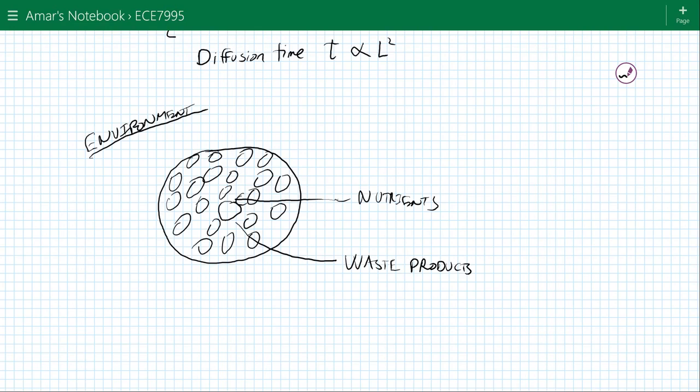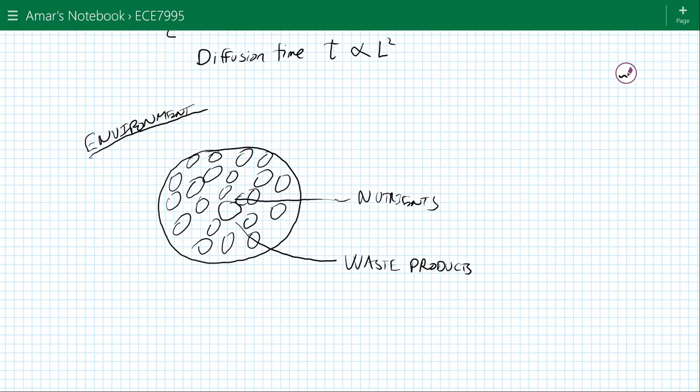So if I were to double the size of this organism, how would the diffusion time change? Diffusion time is proportional to length squared. So if you double the length, the diffusion time goes up by a factor of 2 squared. So it goes up by a factor of 4.